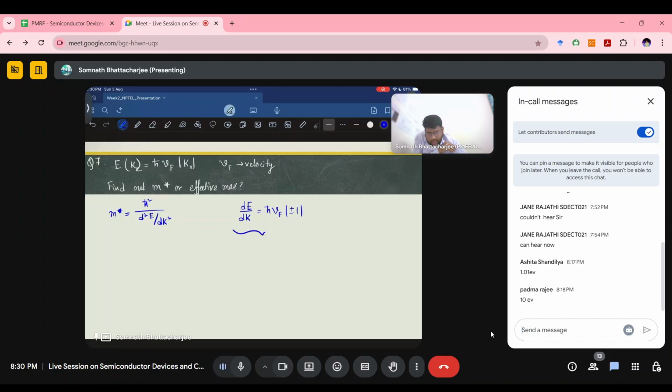So we can say that this term is independent of K already. So what would happen if we just derive this? This would be nothing but 0. So M star would be undefined.